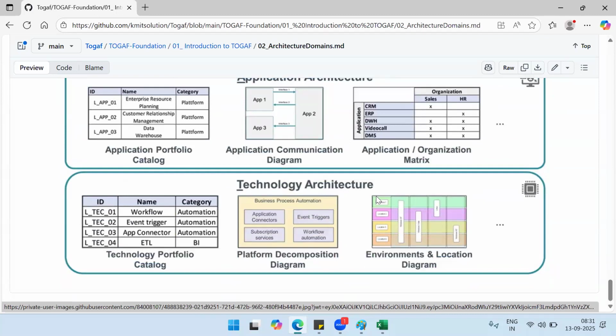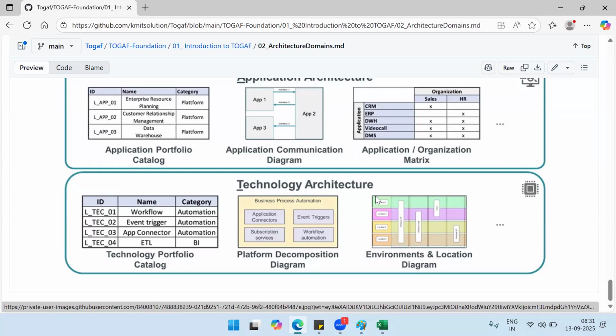Now, if we talk about the technology architecture, so here technology portfolio catalog. This portfolio catalog basically tells what is the workflow, whether it is automation, or some other type of tool, like for example, BI tool, right?